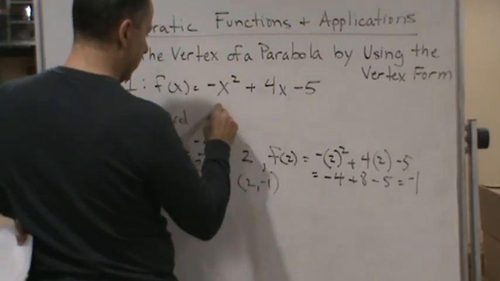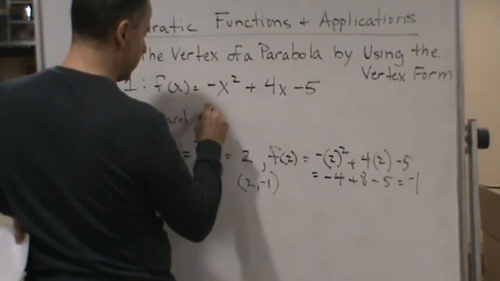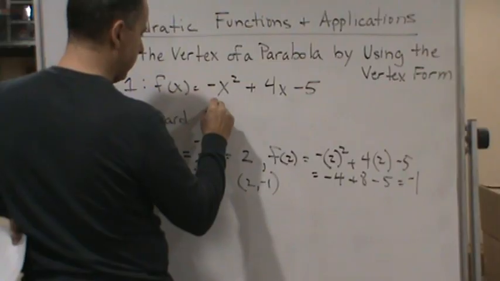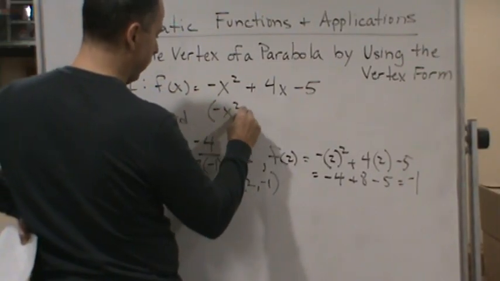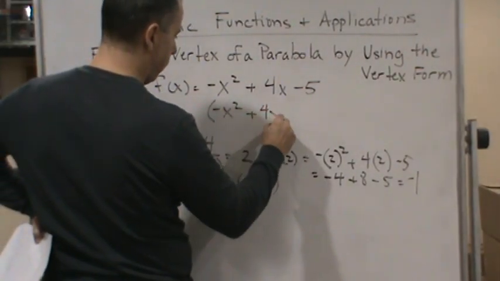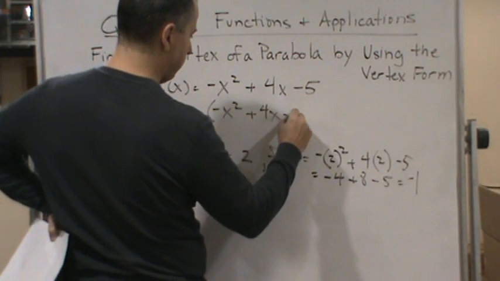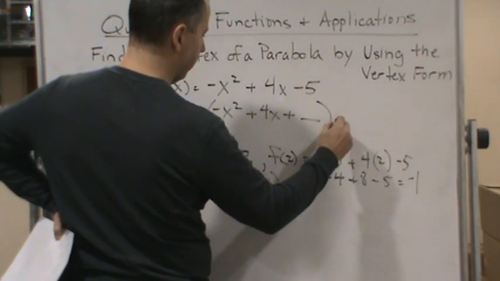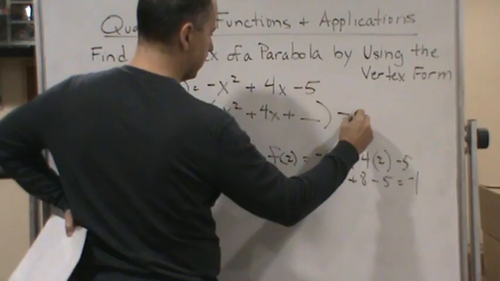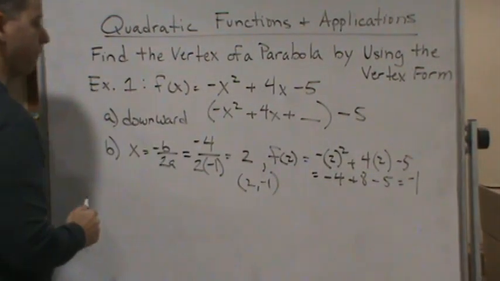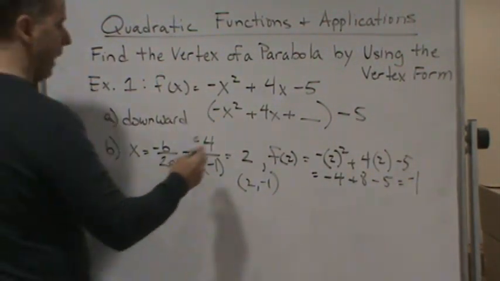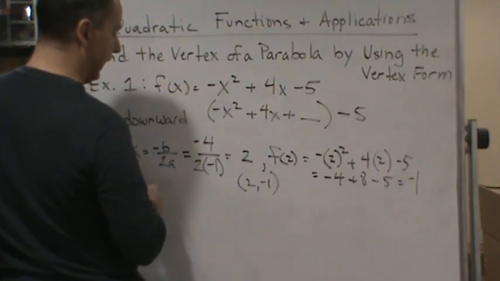So let's put this in vertex form. What I'm going to do is group the negative x squared plus 4x plus whatever, and then stick the minus 5 out here. I'm going to factor out a negative 1.